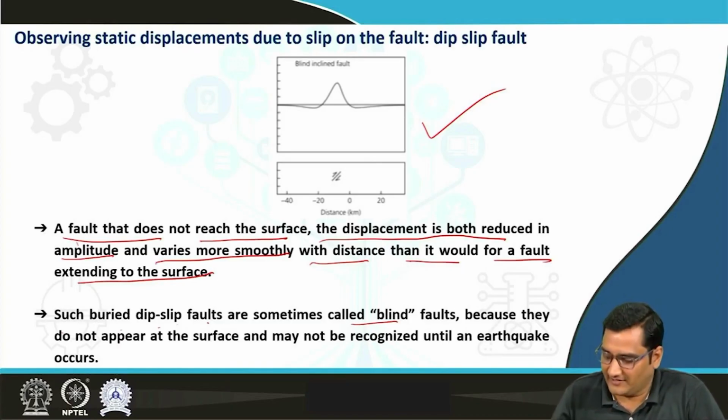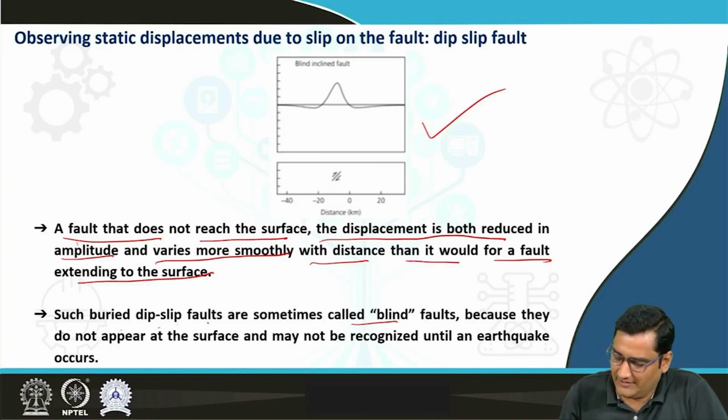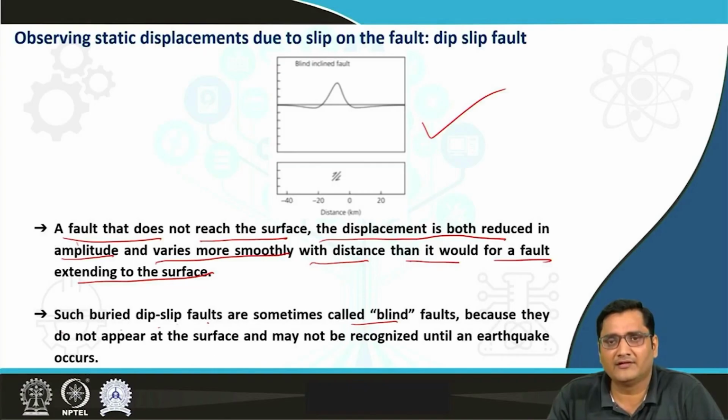One example of a blind fault is considered to be responsible for the 1897 Assam, or Shillong, earthquake, which was of very high magnitude, around 8.5, and caused a lot of devastation in that region. That earthquake is considered to have happened on a fault known as the Oldham fault, which is a blind fault.